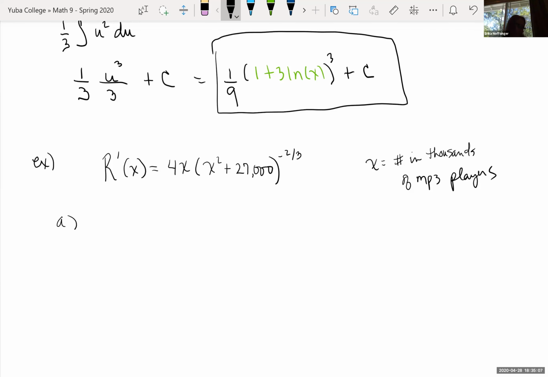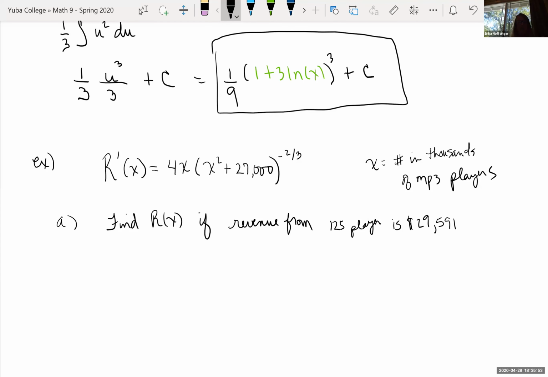Find the total revenue function if the revenue from 125 players is $29,591. So find R of x if the revenue from 125 players is $29,591.